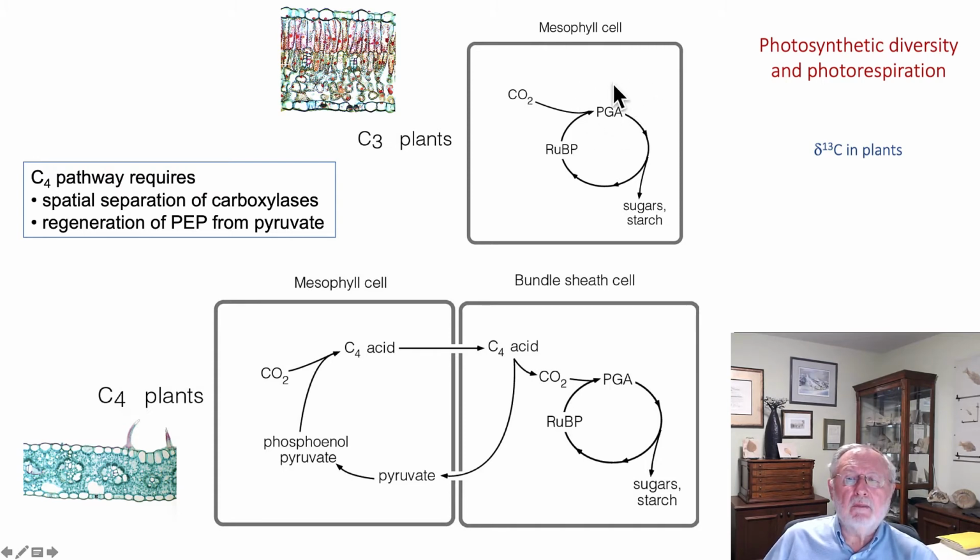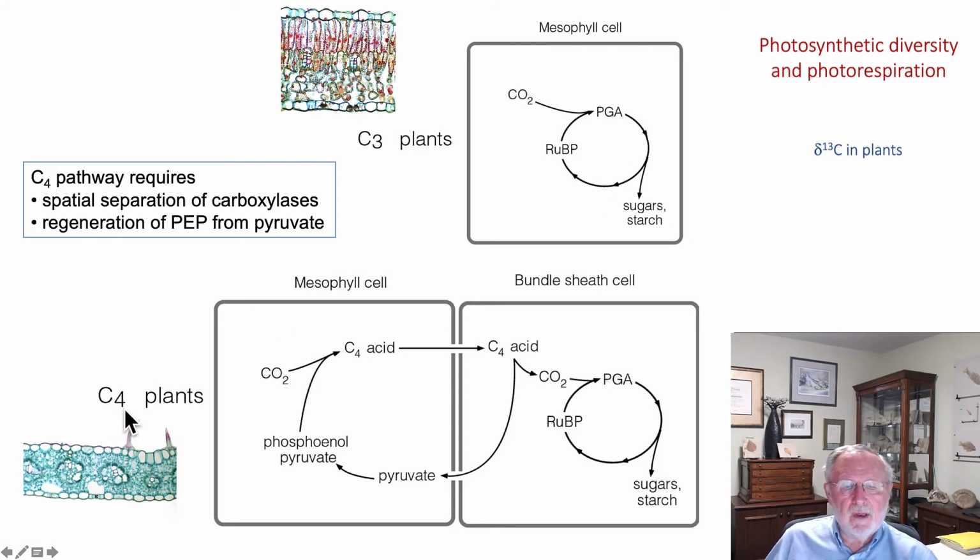A 3-carbon molecule is formed that's stable, that is a 5 and a 1 form 2 3s, hence the name C3 photosynthesis. Then we have the photosynthetic cycle, spinning off sugars, reproducing RuBP to continue the cycle.